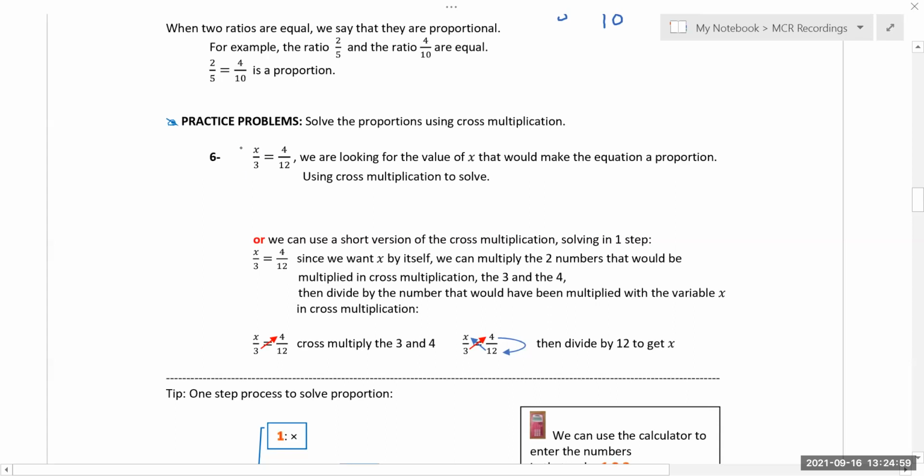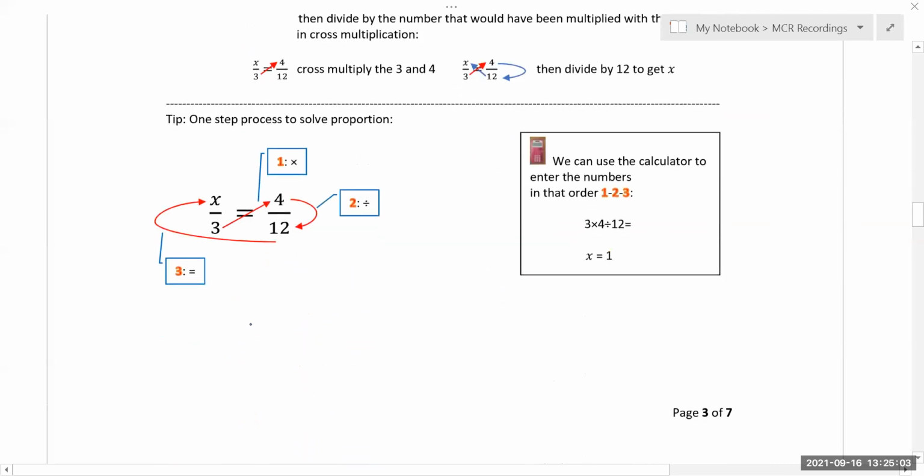So then just really highlighting this idea of what cross multiplication looks like. It would be the 12 times the x equals the 3 times the 4. So it's going to be the one without the variable gets multiplied, and then you divide by the number that you didn't use. You can type all that directly in.